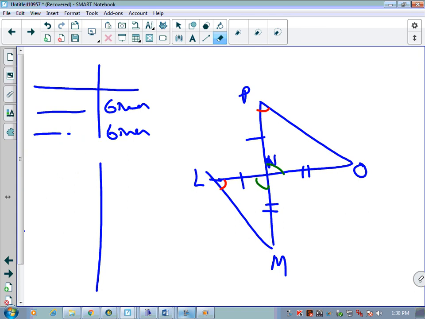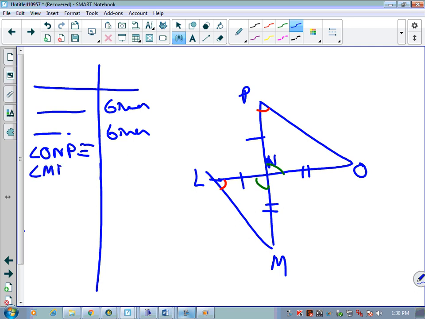Let me start over here. Angle ONP is congruent to angle MNL, because vertical angles are congruent. That's what you see there in the green. So we've got vertical angles.